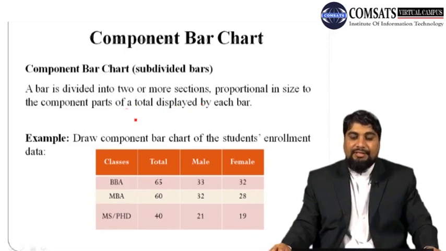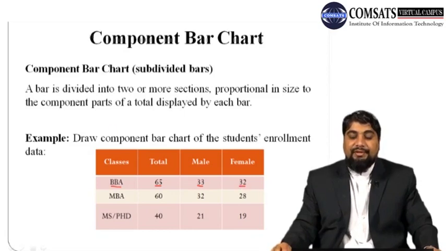So let us clarify this idea with the help of an example. Here we have students enrollment data. This is again a hypothetical data set. Suppose in BBA 1 we have a total of 65 students. Out of 65, 33 are male and the remaining 32 are female.